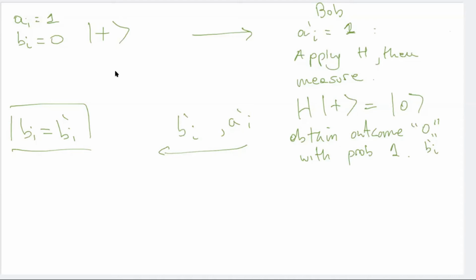Once they're confident that the compared outcomes are all the same, they still have left a small portion, say n/4 of the qubits. Let me write it properly here. There are approximately n/2 qubits on which basis choices agree.